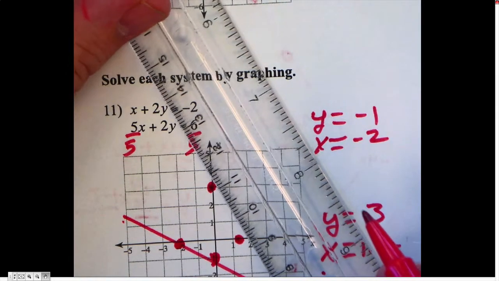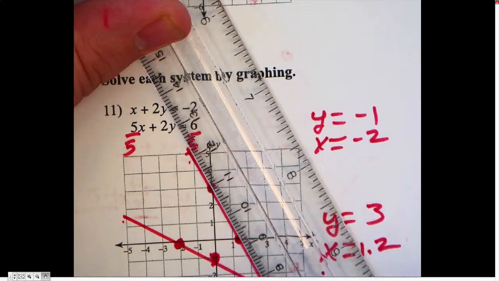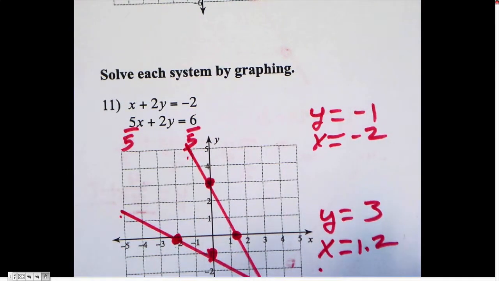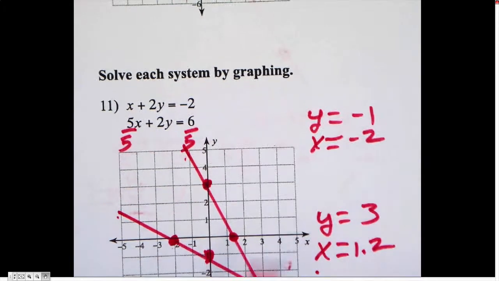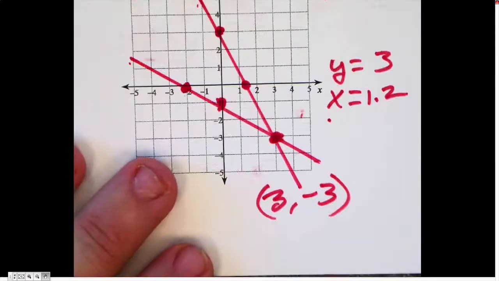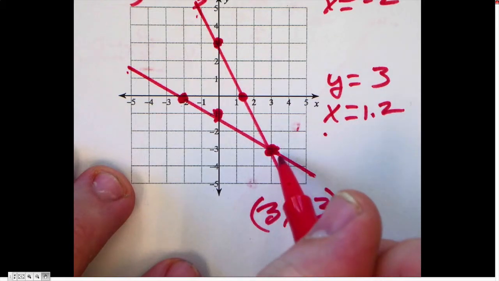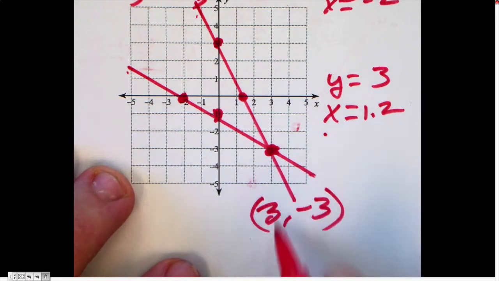When you draw the line, you see they come together right here at 3, negative 3. Oh, I guess you can't see. I was too low. When you draw the line, they come together right here at this point, and that point is 3, negative 3. Okay.